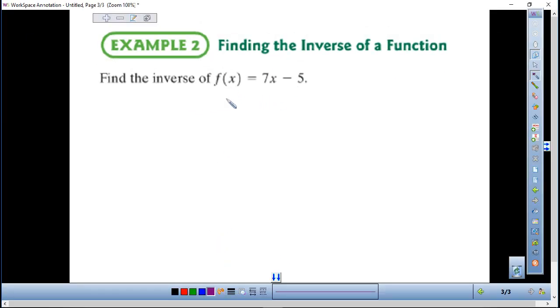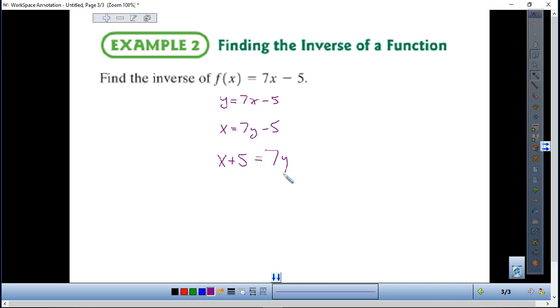So the first thing, I'm going to write this as y equals 7x minus 5. I'm going to swap my x's and my y's. Then I'm going to solve for that new y. So I'm going to move the 5 over by adding it to both sides. And then I'm going to need to divide both sides by 7 to get y all by itself.